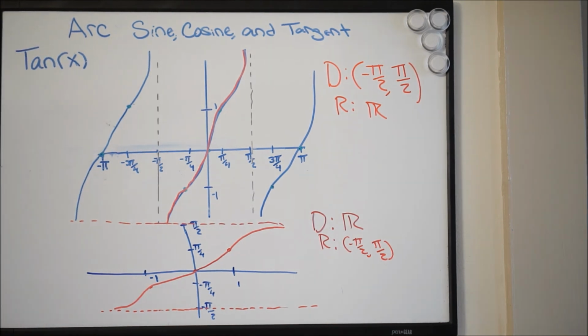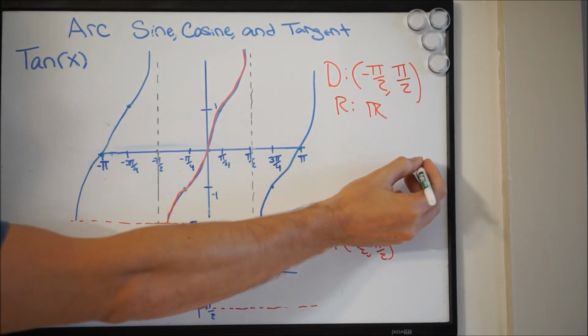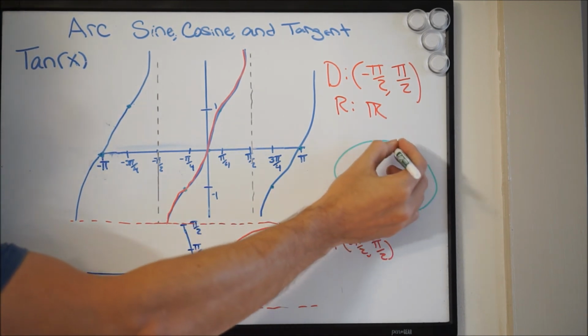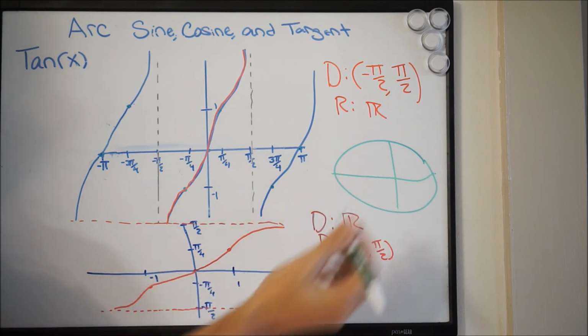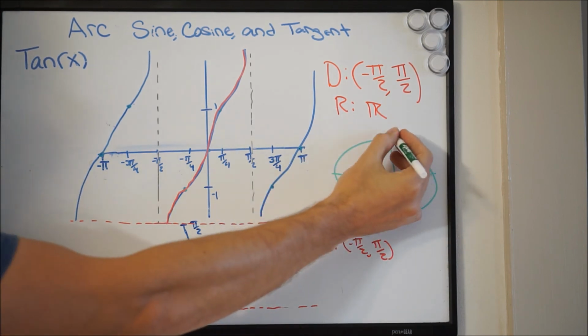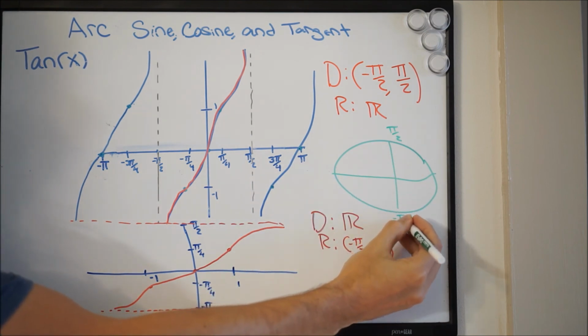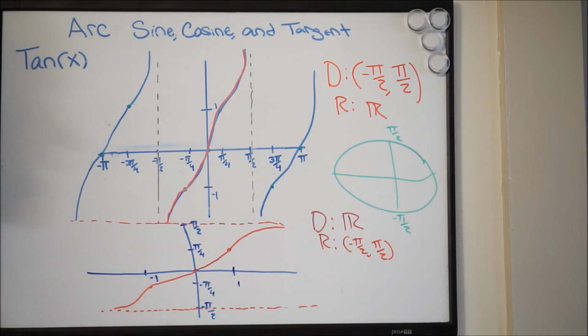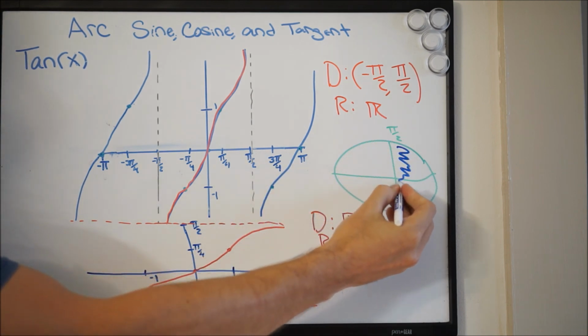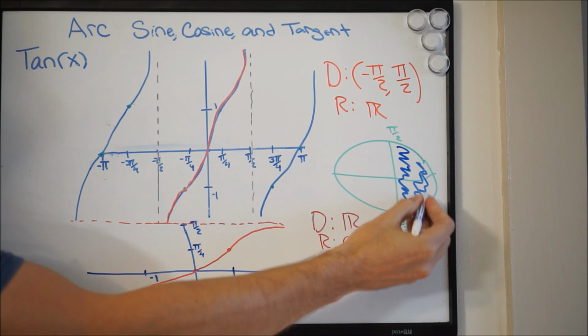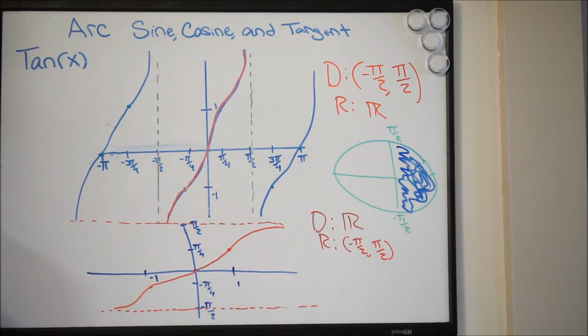And so if we were to go ahead now and create a unit circle to get more of a visual, we'll just put it right here. Again, we're going to break it down into our 4 quadrants. Look at our range here. We have pi over 2, negative pi over 2. So just like arc sine, we're only dealing with the first and the fourth quadrants.